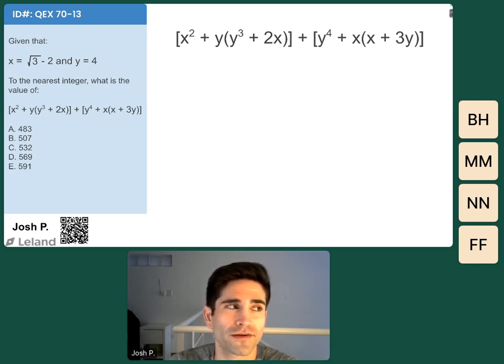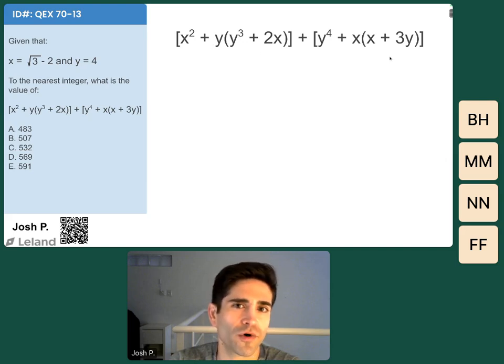This is a quant reasoning section of a reasoning test. So the reasoning comes into play in this particular exercise when you're dealing with such a convoluted or complex operation.